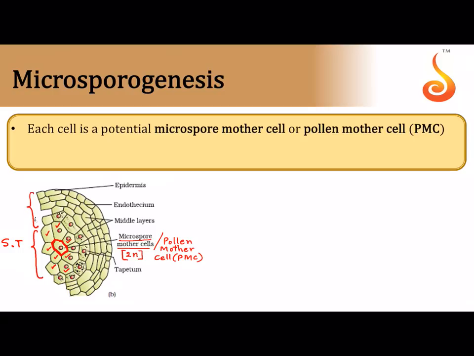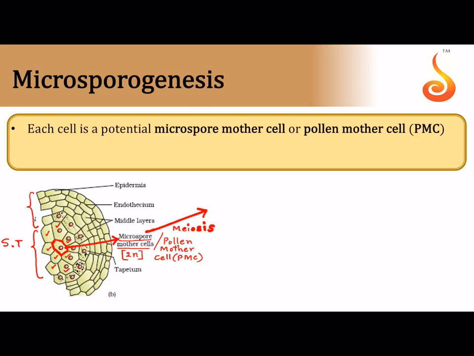Now, why is it called a microspore mother cell? Because this cell present in the sporogenous tissue has the ability to take part in meiosis. It is diploid, but this microspore mother cell sitting inside the sporogenous tissue is capable of undergoing meiosis.